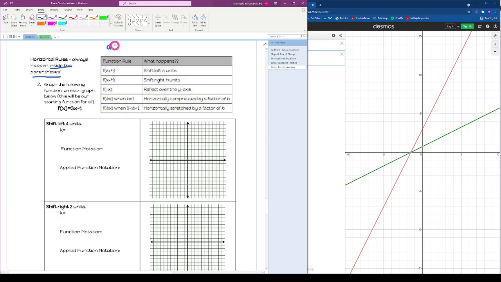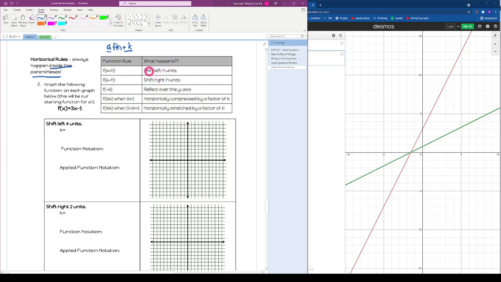We had a, f of x, plus k. All of these extra things were outside of f of x, outside the parentheses. But on this one, this h right here and this b are happening inside the parentheses. So we're modifying our x values, not modifying our y values now.